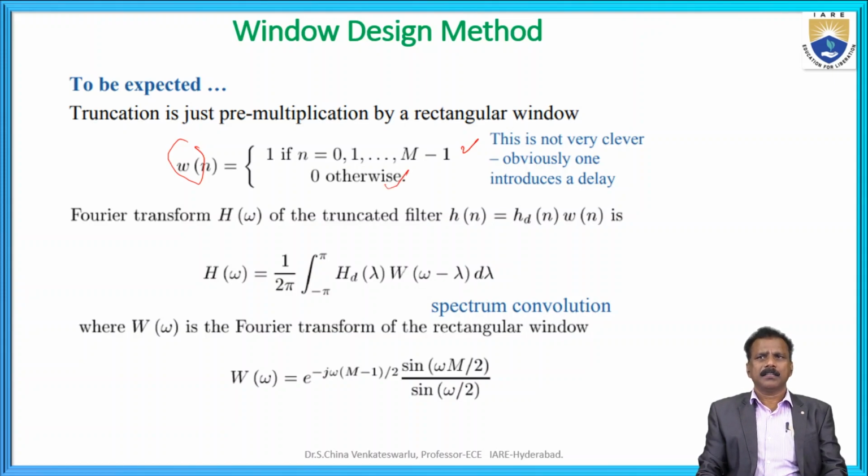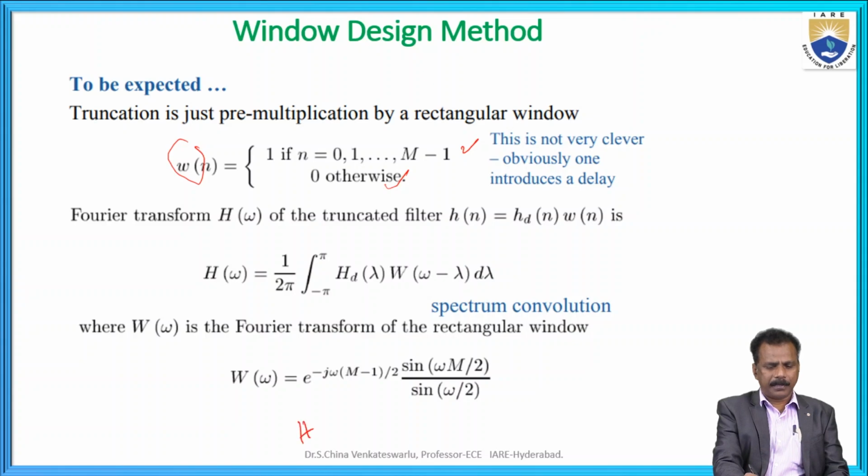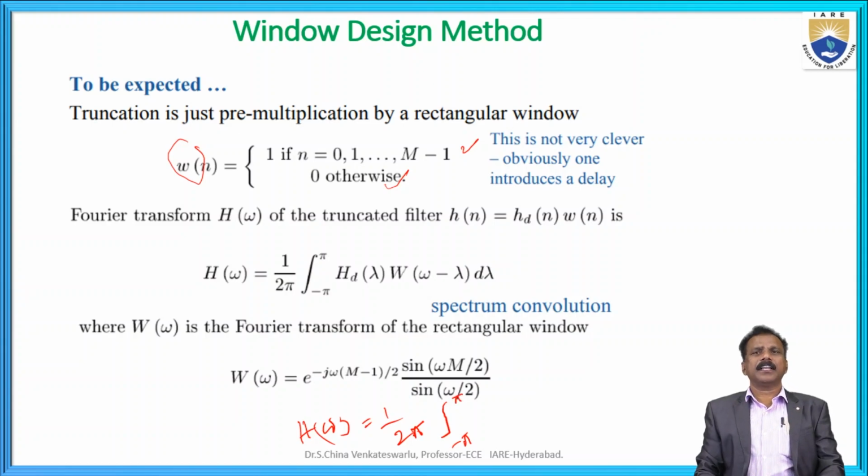Here the Fourier transform H of omega of the truncated filter h[n] equals hd[n] times w[n], where H of omega is equal to 1 by 2 pi, integral from minus pi to plus pi of Hd of lambda into W of omega minus lambda d lambda.